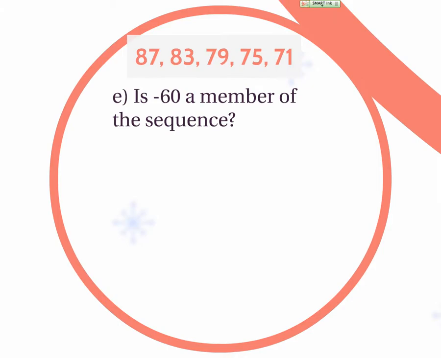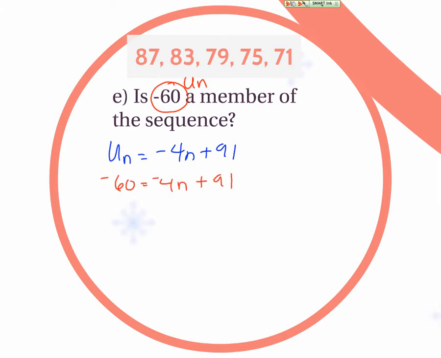This is a term, so it goes in for u sub n, and we're going to look at what n is. I'm rewriting u sub n equals negative 4n plus 91. I'm still looking for n. I've got negative 60 equals negative 4n plus 91.